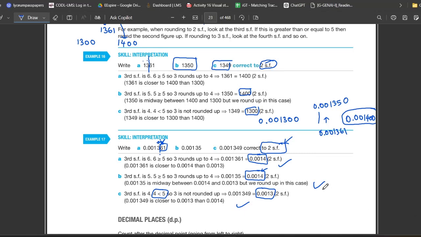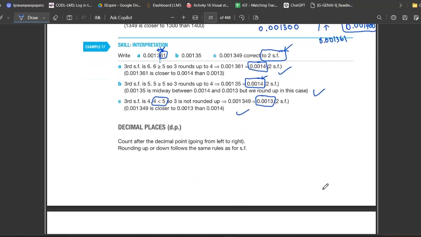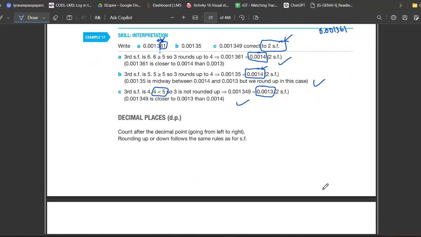Then let's move on to decimal places. If we write some number like this, after the decimal point, this is the first decimal place. We write it as DP, short for decimal place. This is the second decimal place.